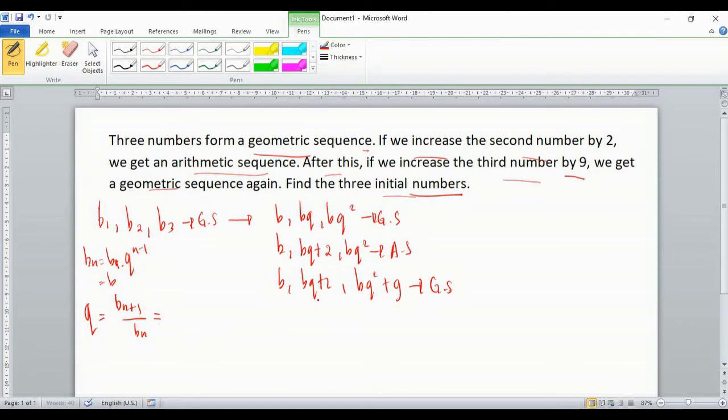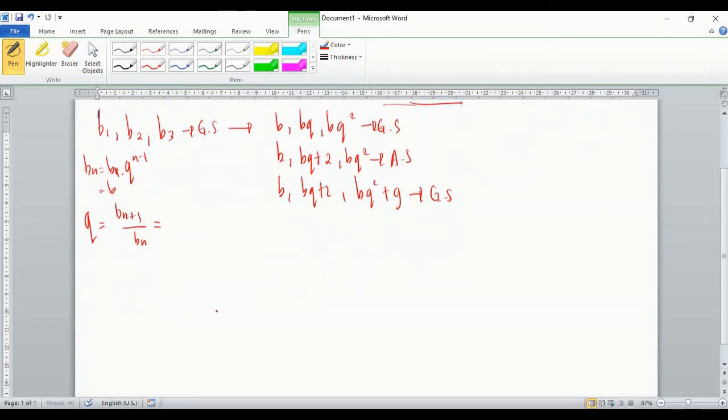So here we have just the three terms, so we can compare: q is equal to B2 over B1, equal to B3 over B2. We use the third sequence, because the third is a geometric sequence.